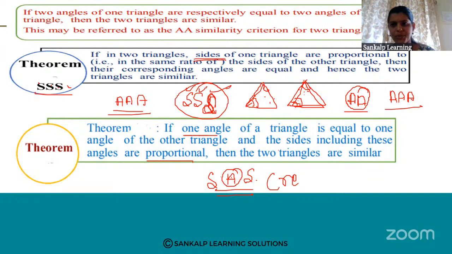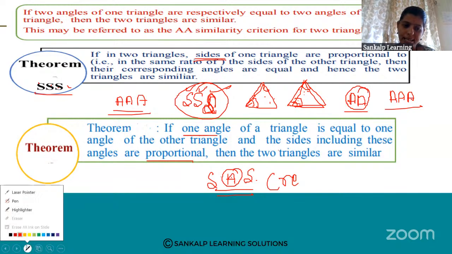These all are theorems. If two angles of one triangle are respectively equal to two angles of another triangle, then the two triangles are similar. This criteria we call AA similarity criteria. Here two angles are equal.